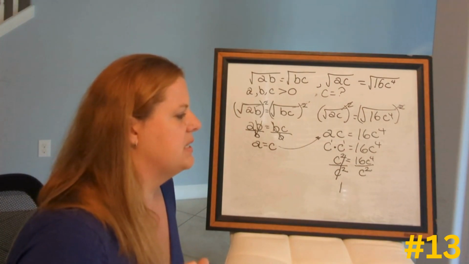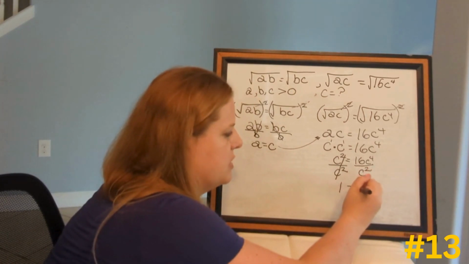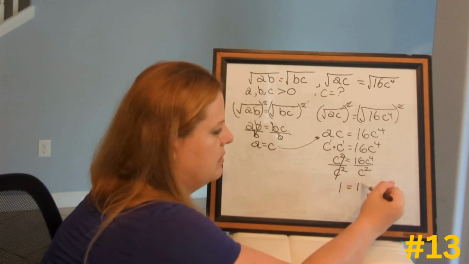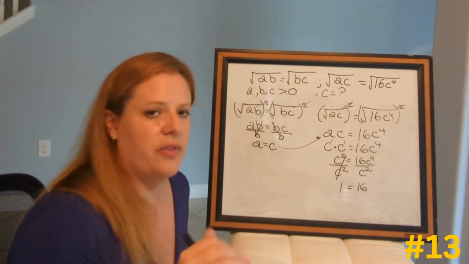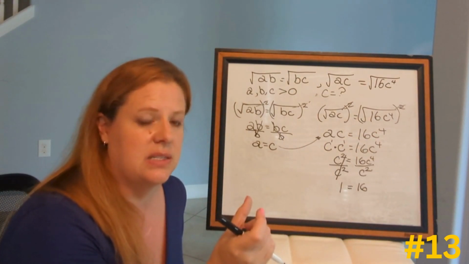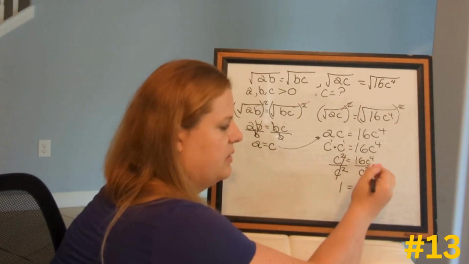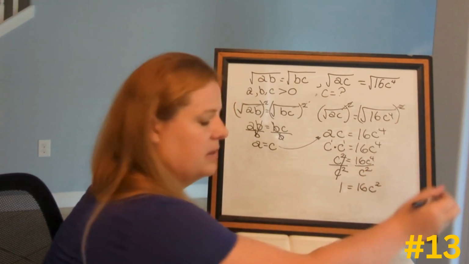C squared divided by c squared is just 1. Anything divided by itself is just 1. Over here, 16 c to the 4th divided by c squared. They have the same base. They're both c's. So we can do that. We just have to subtract the exponents. 4 minus 2 is 2.